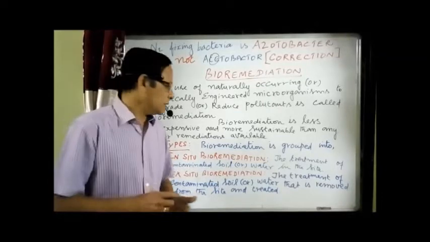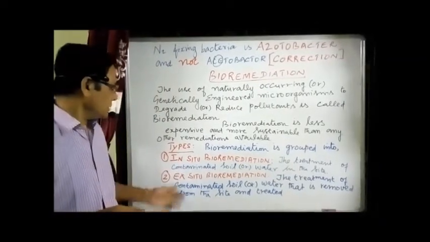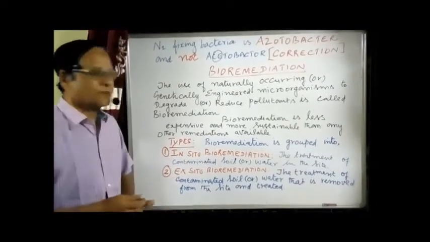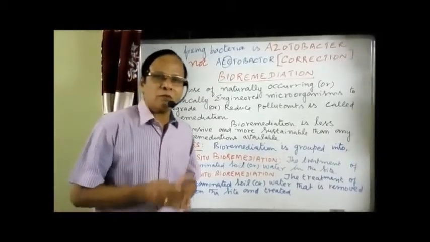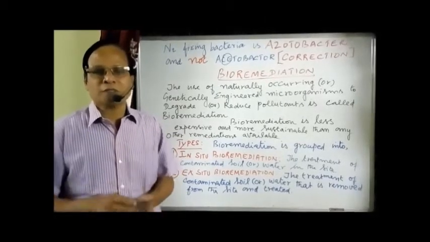Likewise here, there are two types of bioremediation. In situ bioremediation is the treatment of contaminated water or soil at the site where they are present.